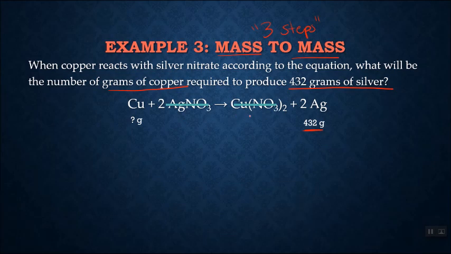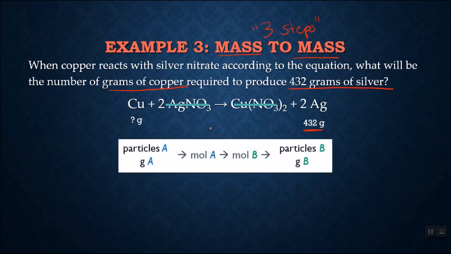Now looking at our mole map, where are we starting? Well, we're starting all the way over here at grams of A, or the given information, okay? And then where are we going? We're going all the way over here to grams of B. So as you can see, this is going to be one step here, this will be the next step, and then the third step in the conversion.